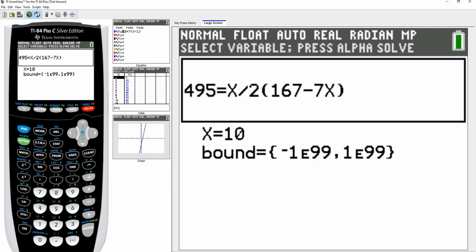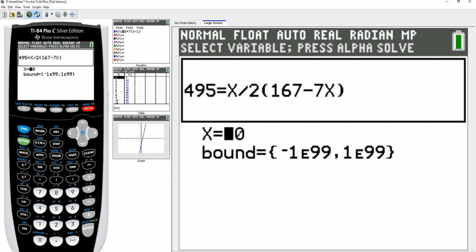I know, it should have been plus 7 because it was a negative times a negative. I just combined the 160. When I press solve, x is 10. That means don't worry about that. We'll talk about that more later.